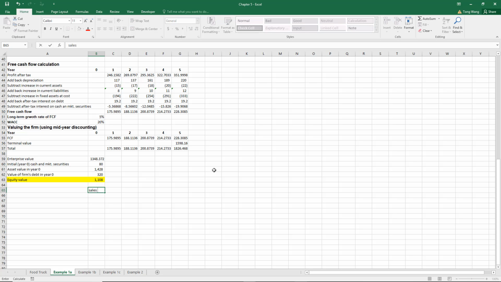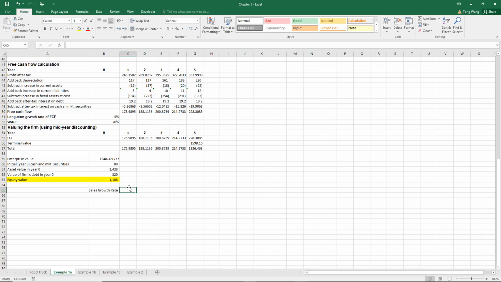So I have the sales growth rate, and let's say I have my equity value. I want to check a few assumptions about sales growth rate. So let's say I go from 0% and 2% all the way to 16% per year.